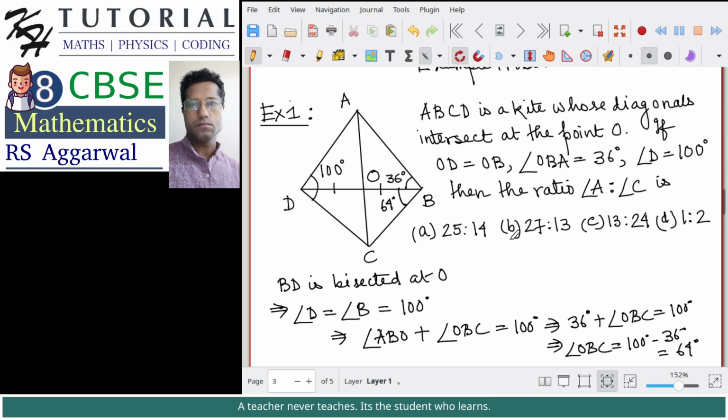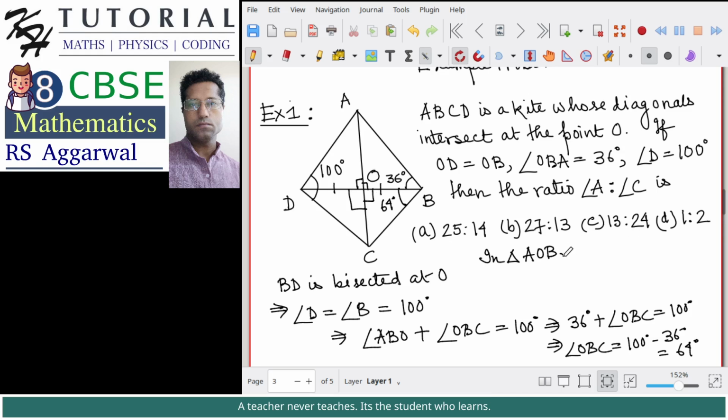In triangle AOB, since we know that the diagonals BD and AC are intersecting at right angles, these will all be right angles. So angle AOB is a right angle.